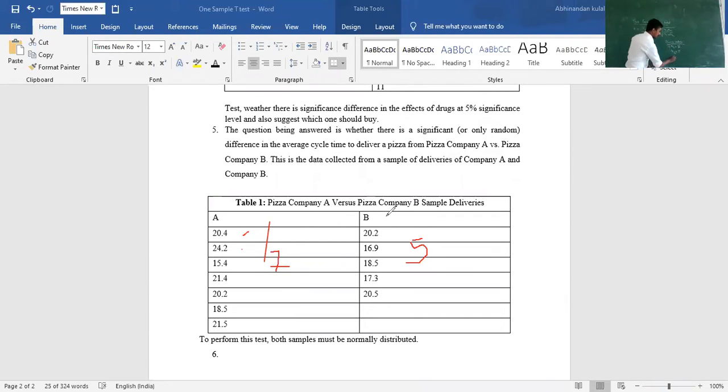We need the standard deviation, which we don't know, and x1 bar and x2 bar, which we also don't know. So we need to find out the standard deviation, the mean of the first sample and the mean of the second sample. From this data we can calculate the mean of the first sample and the mean of the second sample. So draw a table for calculation.